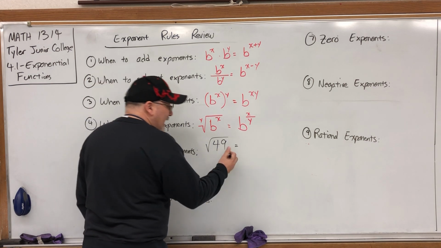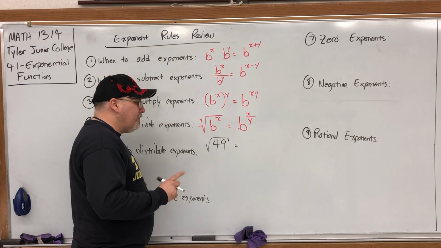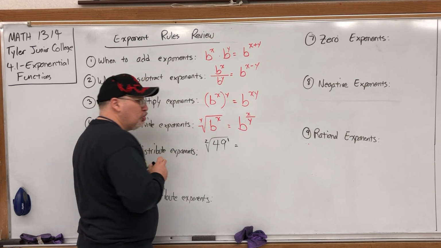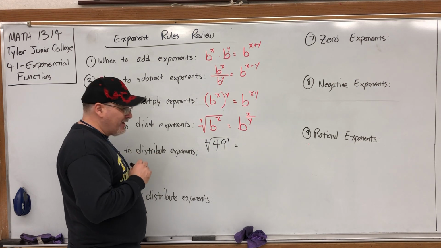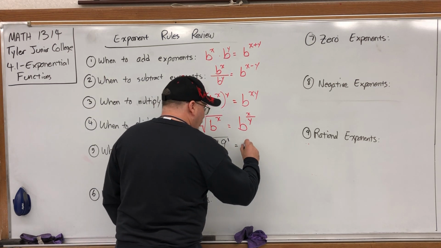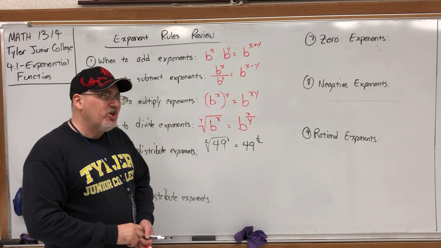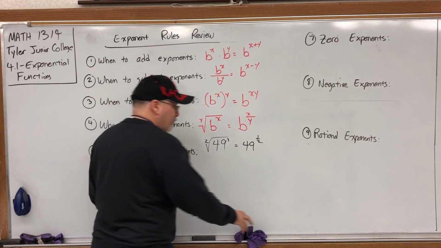When you don't see a power, you can assume it's 1. But if you add a radical and you don't see an index, you actually assume it's a 2. Square root meaning second root. And so the square root of 49 is the same as 49 to the 1/2 power. But again, we've had this discussion already way back in section 1.6.